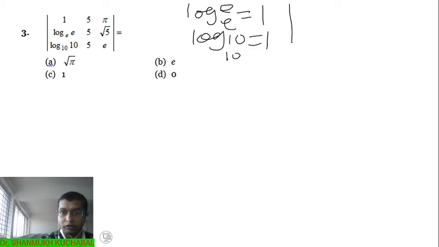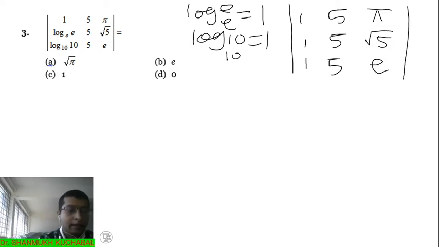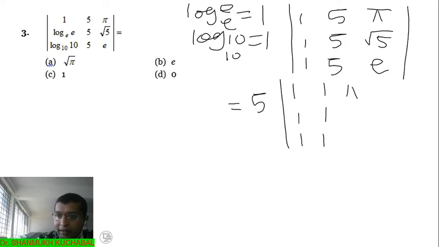This value I substitute in the determinant, so 1 1 1 we get, 5 5 5, then pi, root 5, and then e. Okay, so now I take 5 common from the second column, 1 1 1. So we get here also 1 1 1, pi, root 5 and e.